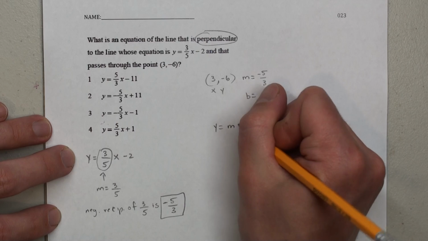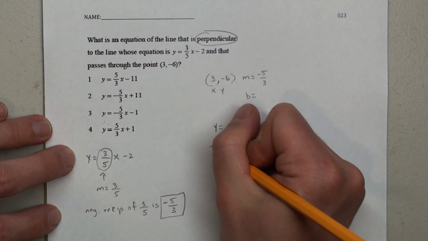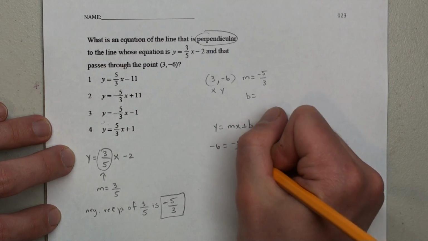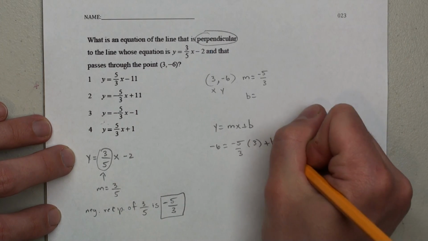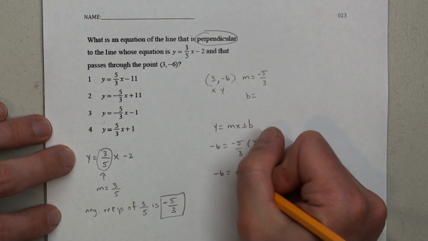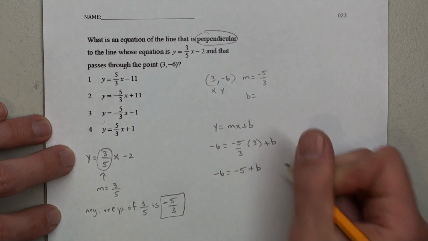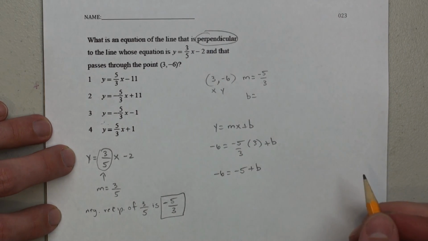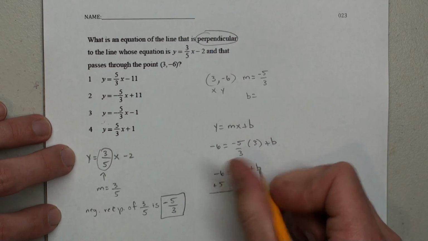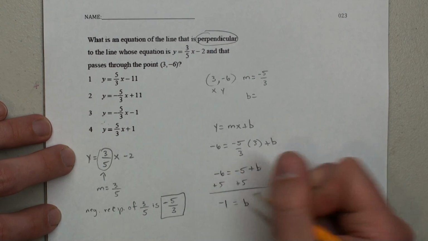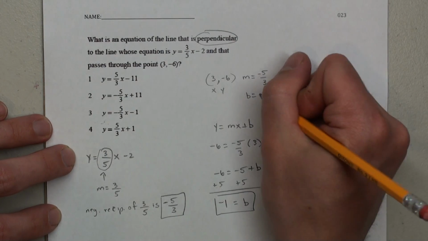So y equals mx plus b. Negative 6 equals negative 5/3 times 3 plus b. Negative 6 equals negative 5 plus b. Right? The 3's cancel. Add 5. b equals negative 1. There's my b.